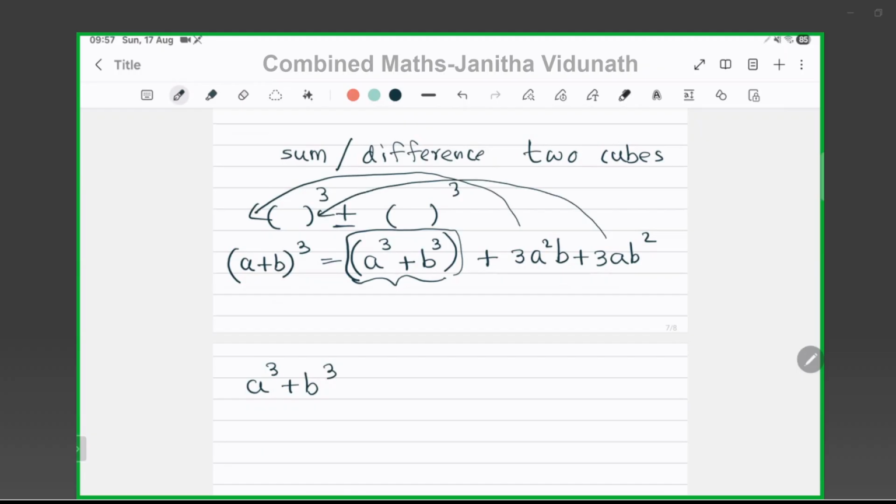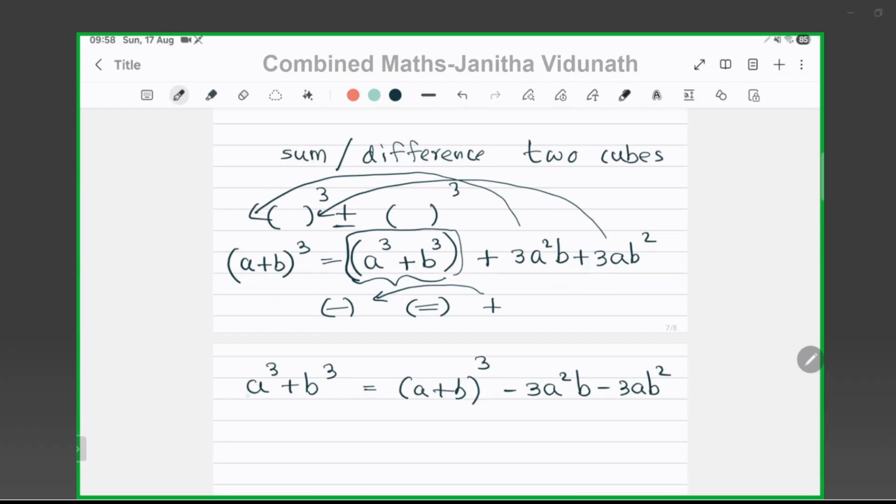Then we know that across the equal sign, if there is a plus term on our right hand side, when we change it to the left hand side, the sign will become minus. Then we have a cube plus b cube as a plus b whole cube minus 3a square b minus 3ab square.